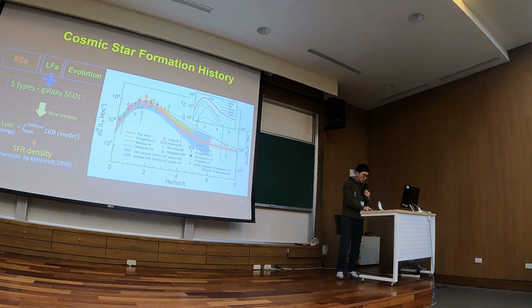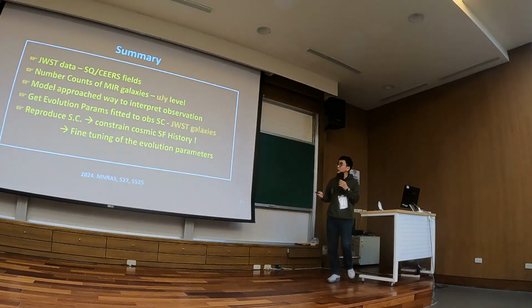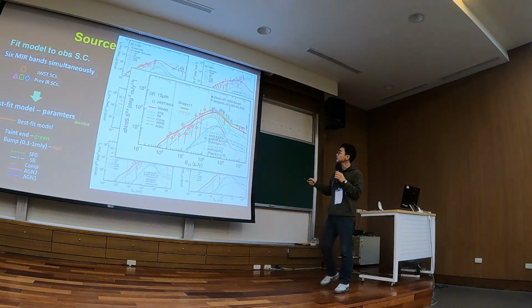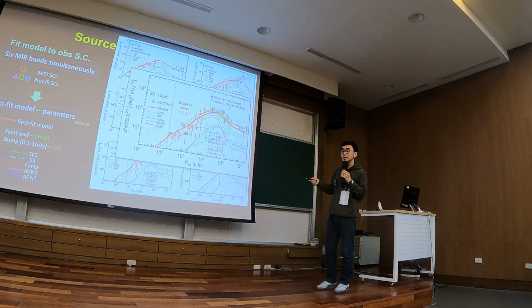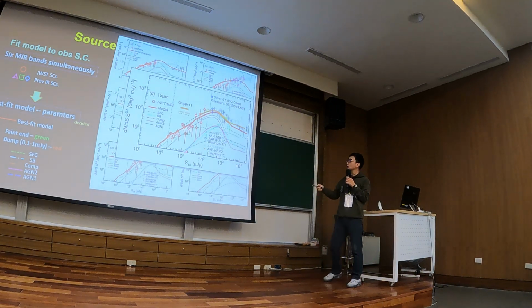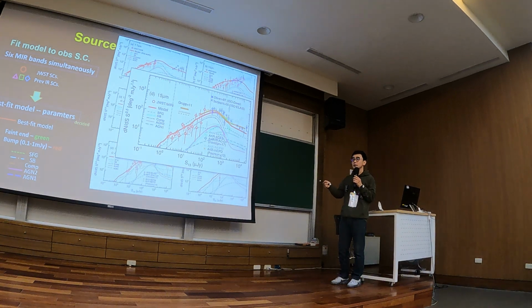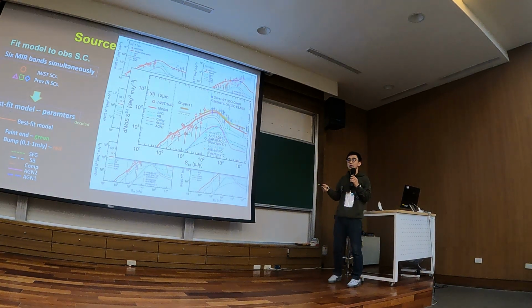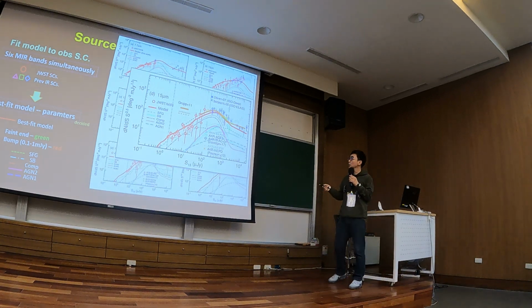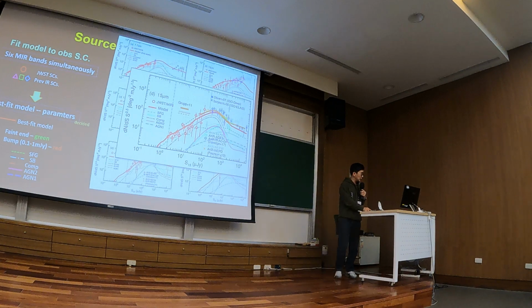The most important thing in this work is that we actually used really faint galaxies, at the micro-Jansky level in this region. These galaxies had been a kind of prediction or imagination until we obtained the real data from the JWST observation.